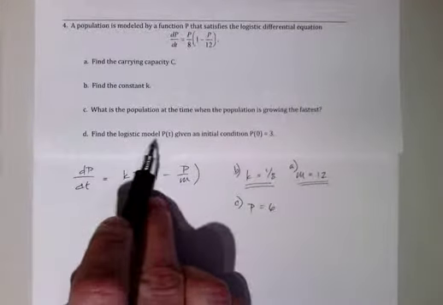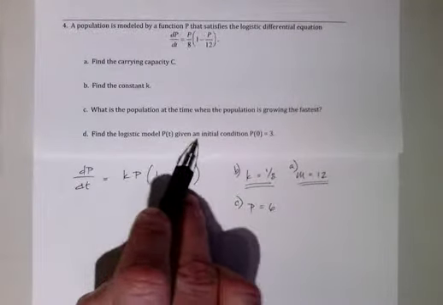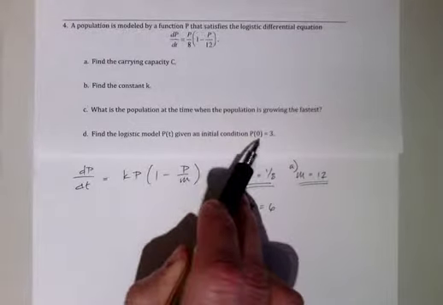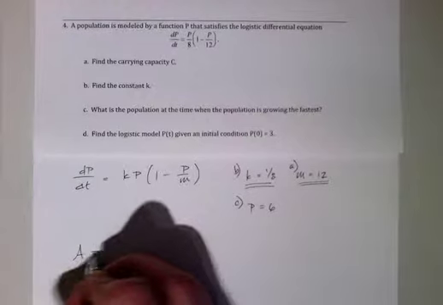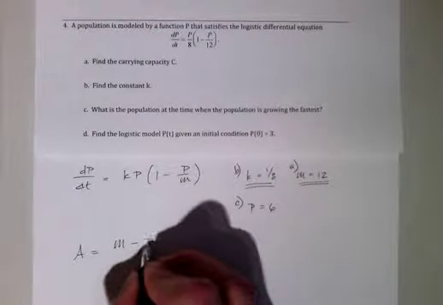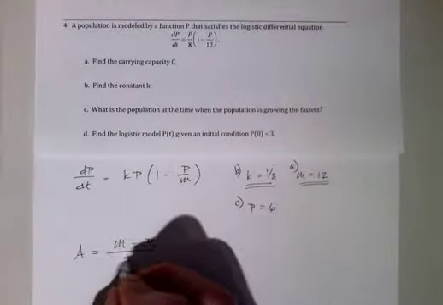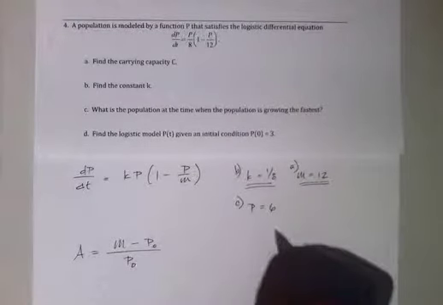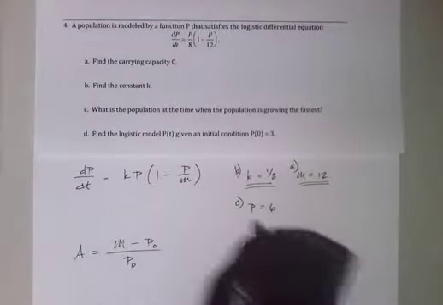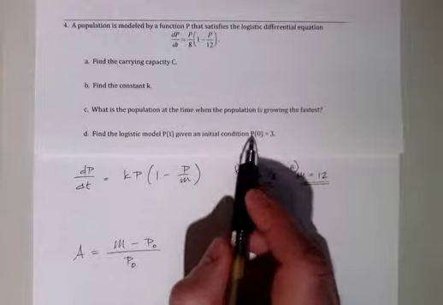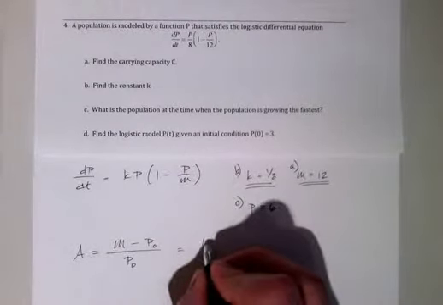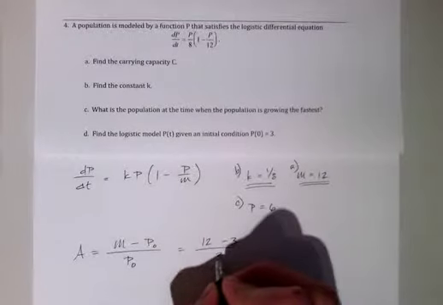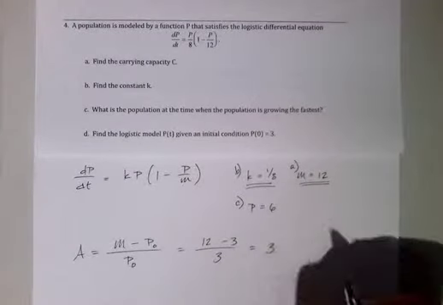Find the logistic model P of t given an initial condition of P of 0 is equal to 3. Okay, now remember, my A value is M minus the initial population over the initial population. I was just given the initial population. P naught is 3. And therefore, in this particular case, it's 12 minus 3 over 3, or 3.